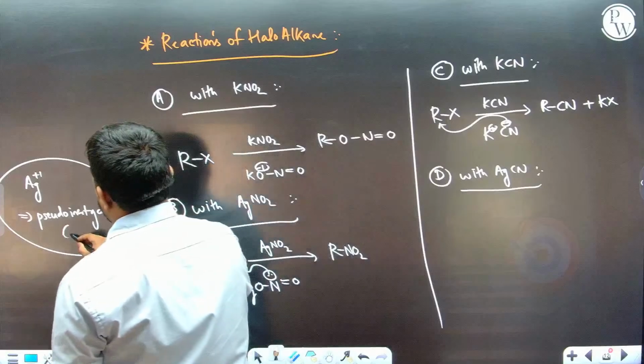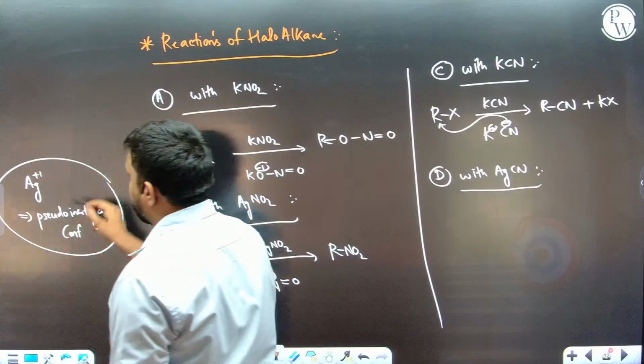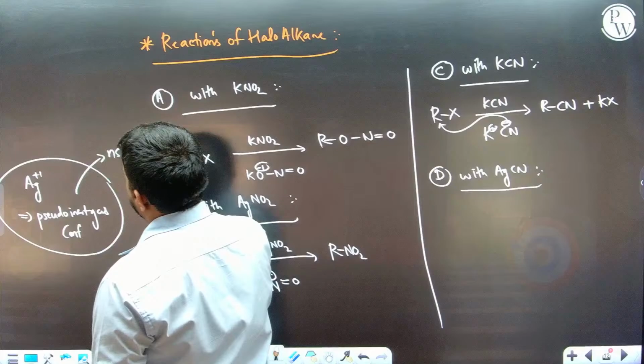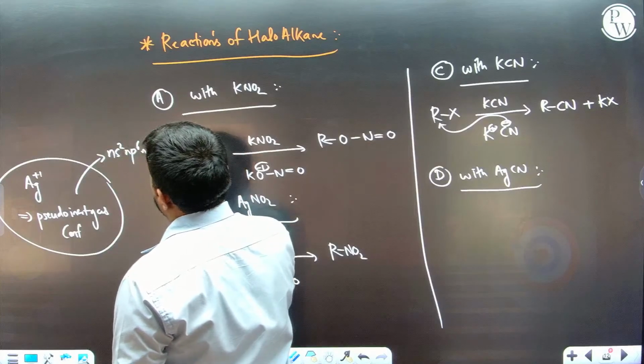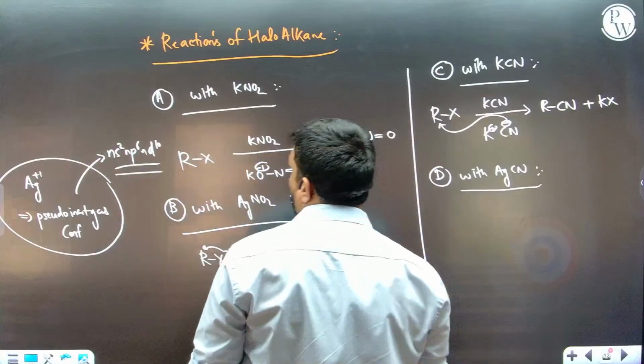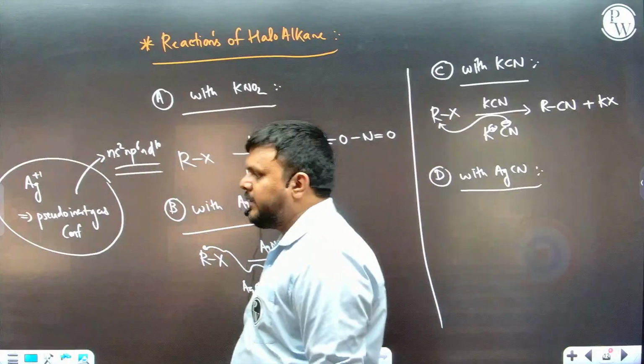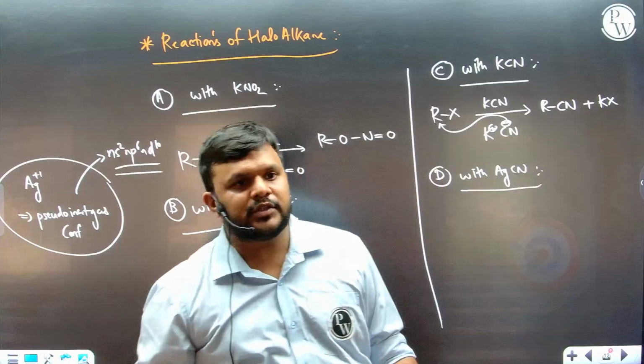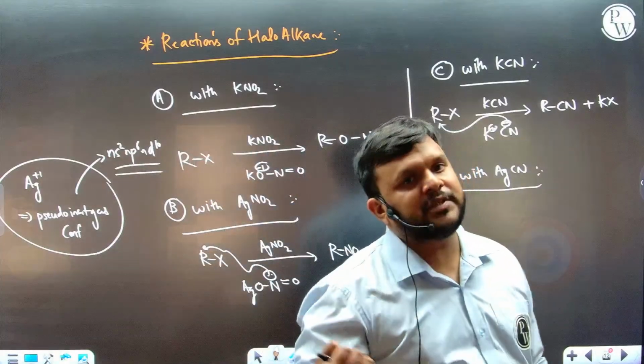Everybody knows Ag plus 1 is having pseudo inert gas configuration, that is nothing but (n-1)s2, (n-1)p6 and (n-1)d10. According to Fajan's rule, the cation having pseudo inert gas configuration is having very high polarizing power.